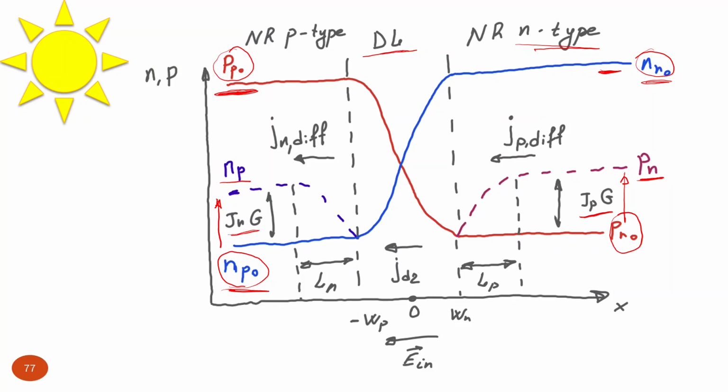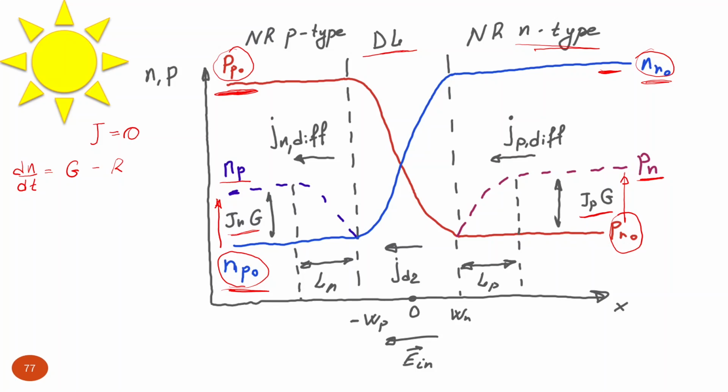So it's a product of tau n times G. Where it comes from: we can write that dn over dt under open circuit condition should be defined by the generation rate minus the recombination rate, because we don't have any current. J is equal to 0 under open circuit conditions.